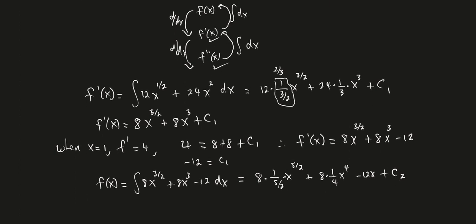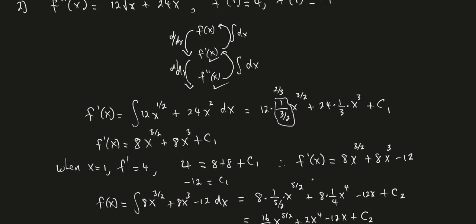So let's simplify this. So 1 over 5 halves is 2/5, so 2/5 times 8, so that's 16 over 5, x to the 5 halves, and then plus 2x to the 4th minus 12x plus c2. Now, let me just go back up to remind you.